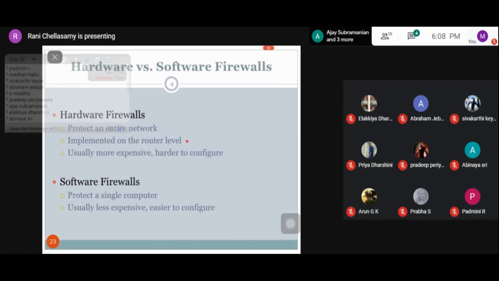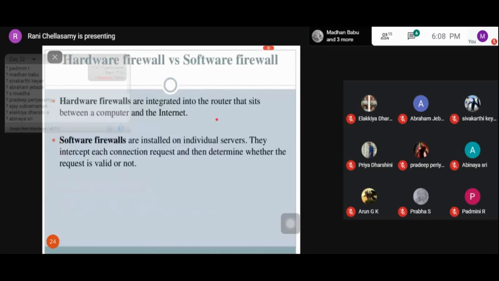Okay. Now let's compare the hardware firewall and the software firewall. Hardware firewall will protect the entire network and it is implemented on the router. It's usually more expensive and very hard to configure. Likewise, the software firewall will protect a single computer, and it is less expensive and easier to configure.